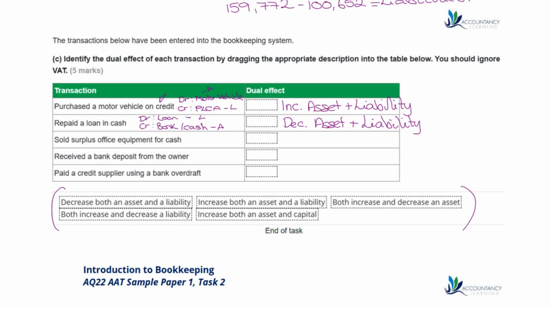Next, we've got sold surplus office equipment for cash. So double entry for that. So the cash is going to increase and our office equipment is decreasing.